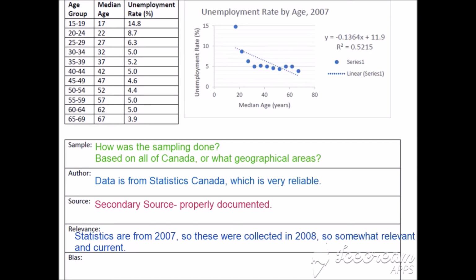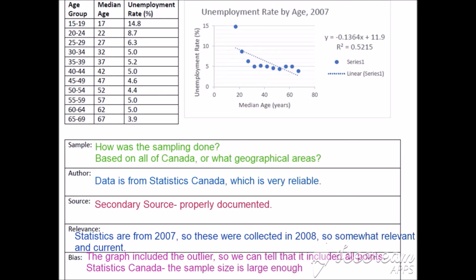Okay, and then bias. So the graph, move this down, always goes to the middle. The graph included the outlier, so we can tell that it included all points. And then also Statistics Canada, the sample size is large enough to consider and infer.